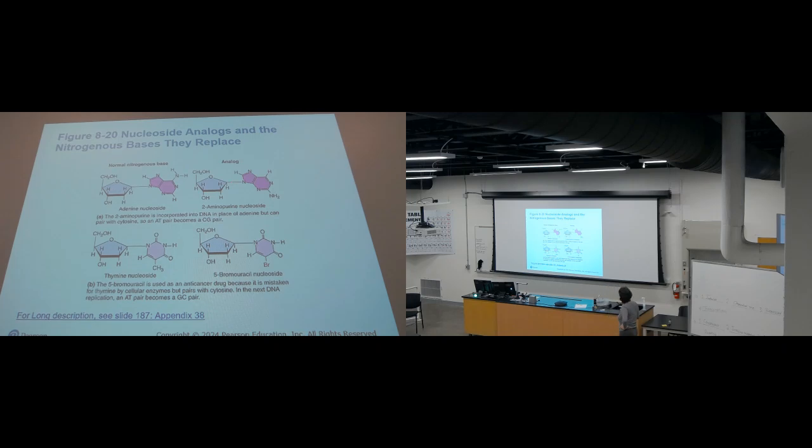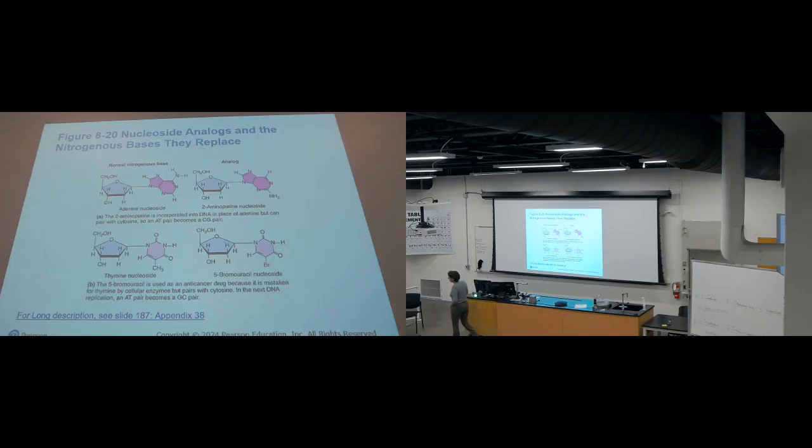And then when you have this thymine nucleoside and you have this 5-bromouracil, which is the analog of thymine, which normally binds to adenine, it won't be able to bind because now it will become a GC pair, because this one will act like a guanine and a cytosine.